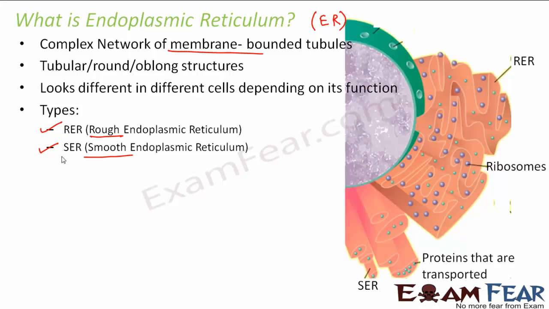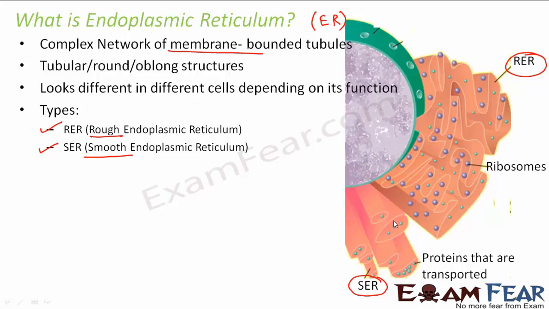So this is how an endoplasmic reticulum looks like. Here you can see these are tubular like structures. This is smooth endoplasmic reticulum and this is rough endoplasmic reticulum. Now I'm sure you must be wondering what this entire picture is. Till now we were looking at cells which looked quite different.